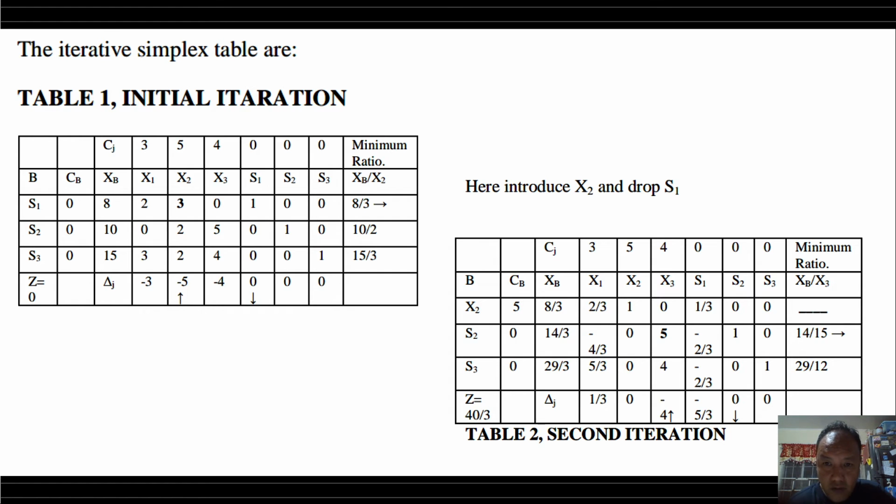And then you divide it also with the other variables, so thus you could have seen here the 2/3, 8/3, and the 1/3 for the S1. So itong pattern na to, ito lang yung sinusundan natin until makuha natin yung 1, 0, 0, 0, 1, 0, and 0, 0, 1 dito. So from our second iteration, we have the second table.